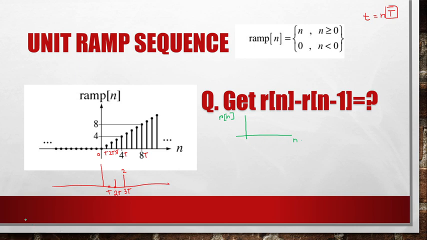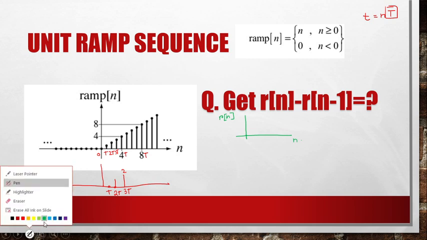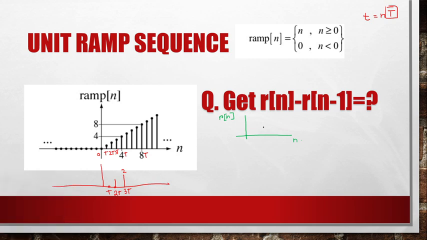When n equals 1, this value will be 1. When n equals 2, this value will be 2. When n equals 3, this value will be 3. When n equals 4, this value will be 4. In this way, it will go up.